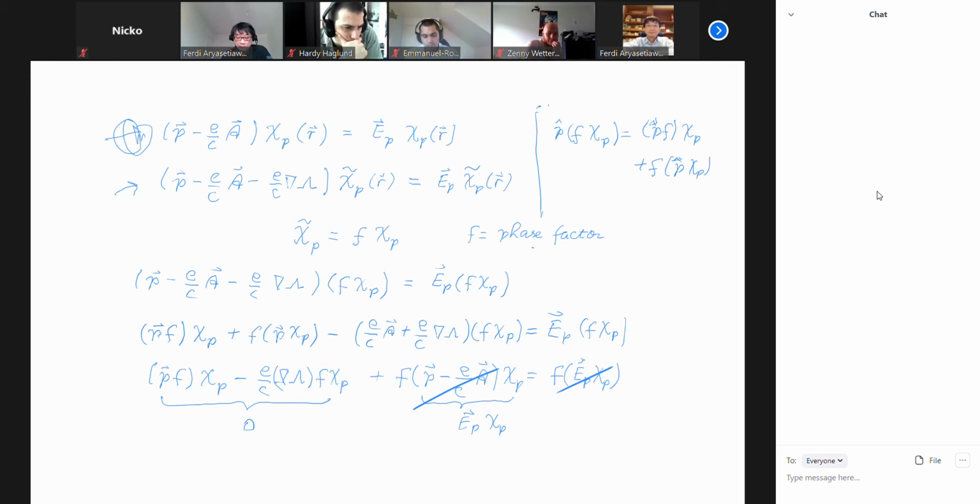We have not specified what this chi_p is. It can be any eigenvector of the momentum operator here. So then we should have (pF minus eC) times F equal to 0. Is that correct? Yes.